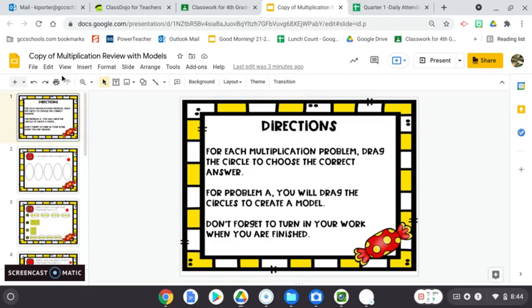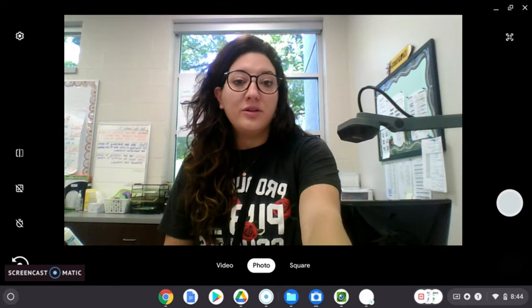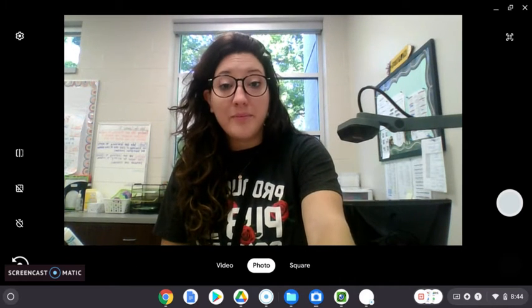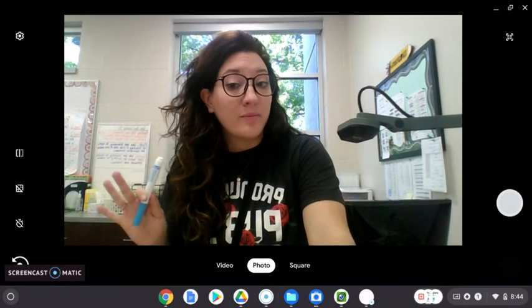Okay, so if we go to multiplication with models, it says directions for each multiplication problem, drag the circle and choose the correct answer. For problem A, you will drag the circles to create a model. And I want you to remember that when you make a model in math, that means that you are drawing a picture.